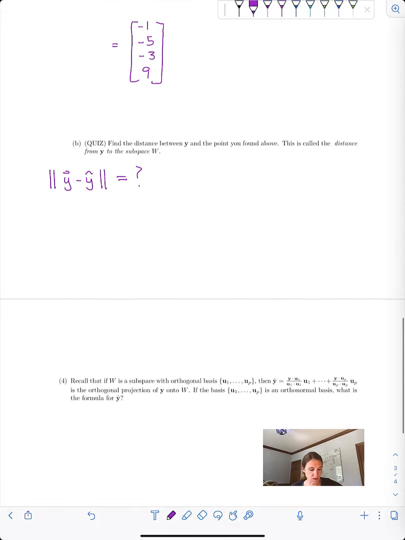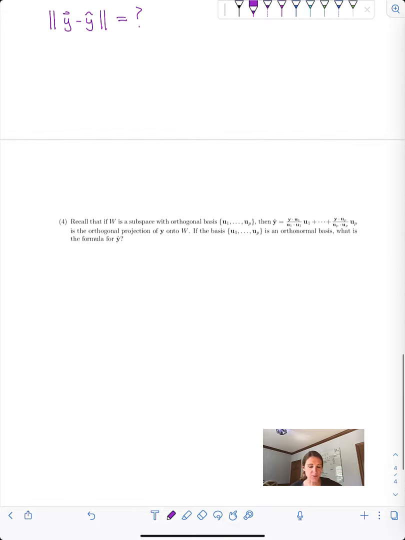Okay, so finally, if we have an orthogonal basis, then here is our formula that we just had up above. We just used this. But if that basis is orthonormal, then we have something even better. Each of these u1 dot u1s is just a 1. And so that means now if we have an orthonormal basis, our formula for y hat gets a little easier to compute.